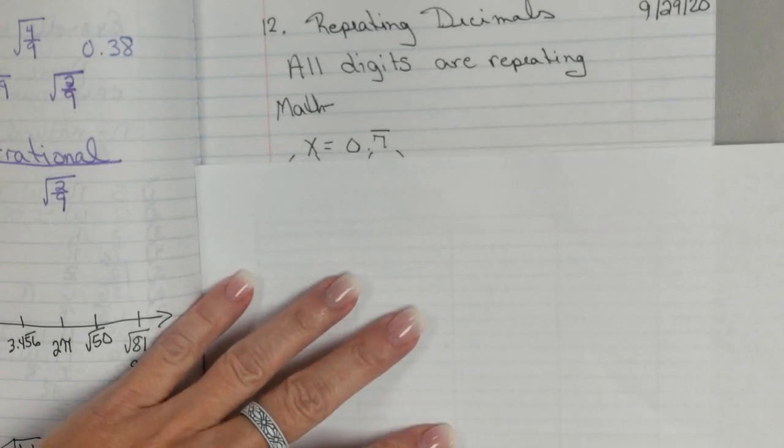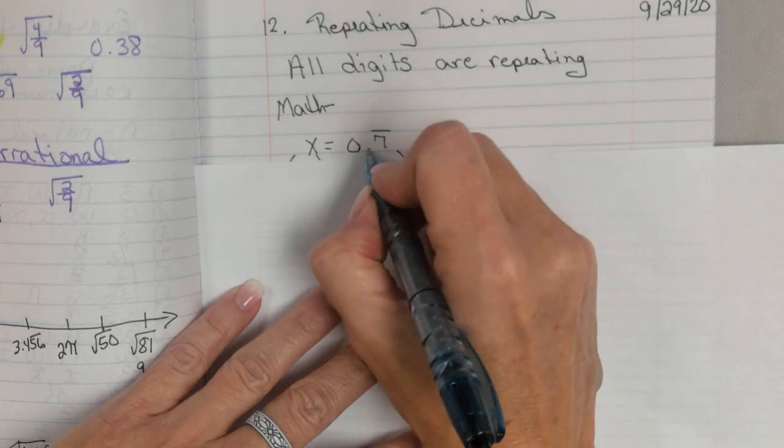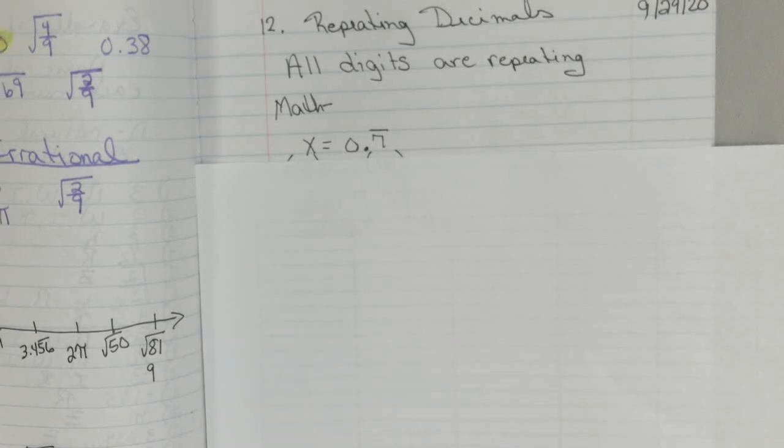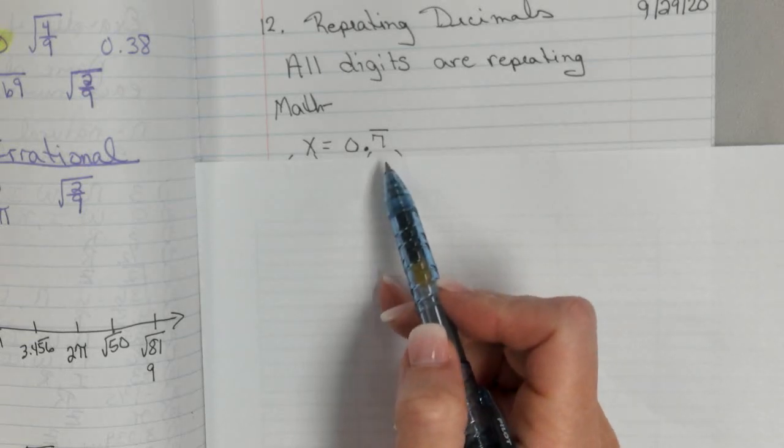Let's say that we have x equals 0.7 repeating. So that means I just have 7s after the decimal, never ending. Remember, x is 7/10 repeating. So when I'm working with this, to get it written as a fraction, the first thing I'm going to want to do is multiply each side by the place value that this number is.